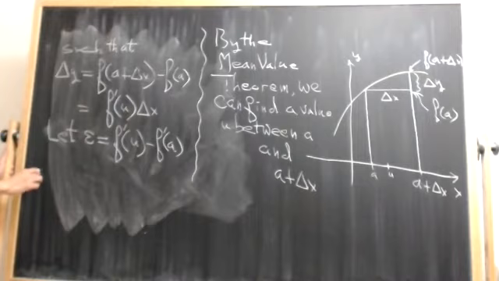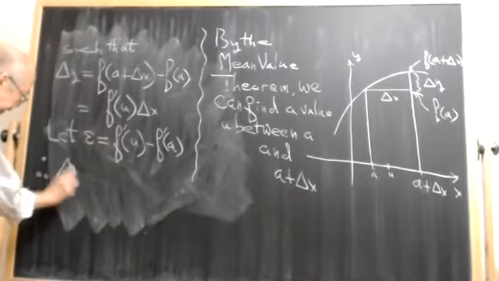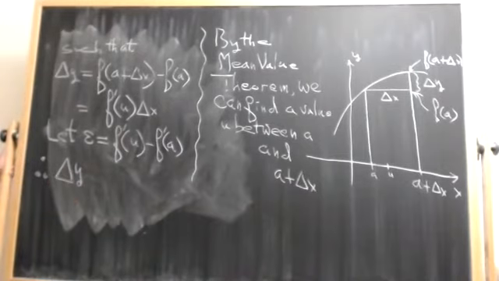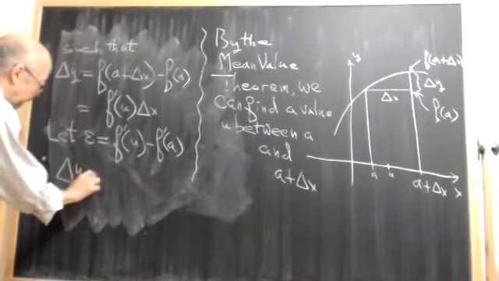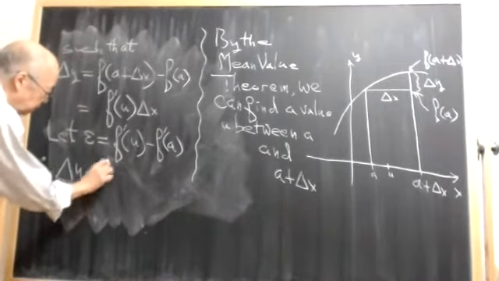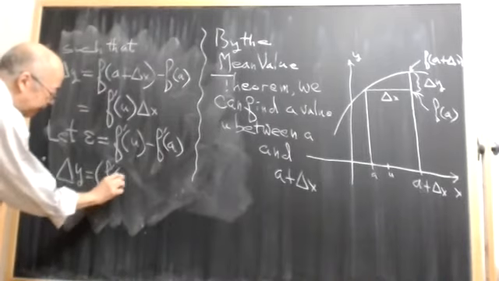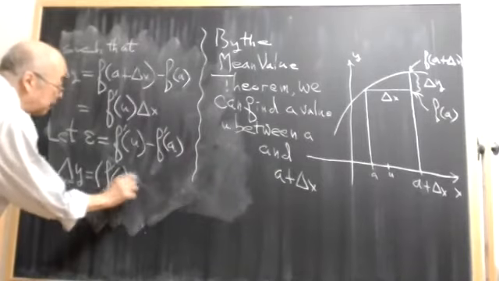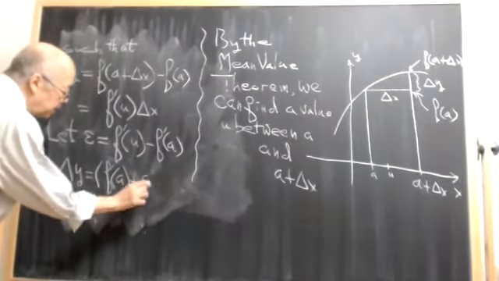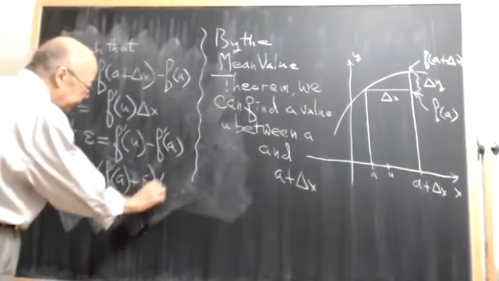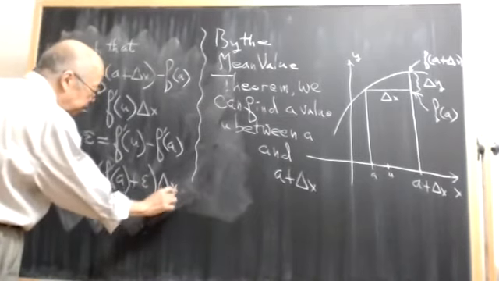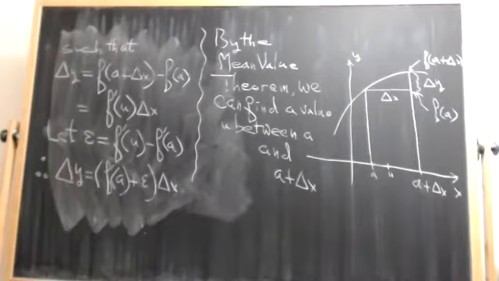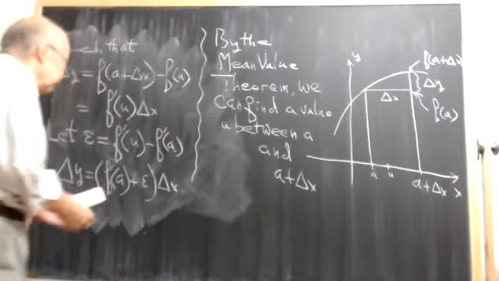Then this tells us that we are going to have the following thing. Therefore, the change in y is equal to f prime u, which is f prime a plus epsilon, times delta x. Okay, we have this. Which is what?